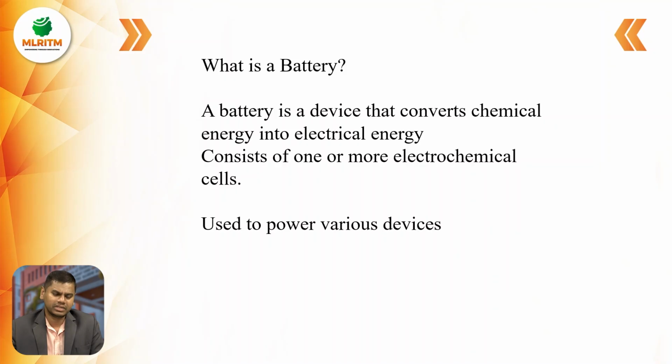Basically, the transformer principle and the DC generator principle are both the same. The transformer principle is Faraday's laws of electromagnetic induction, or mutual induction. Similarly, the DC generator principle is also the same, Faraday's laws of electromagnetic induction. Faraday's laws are of two types.